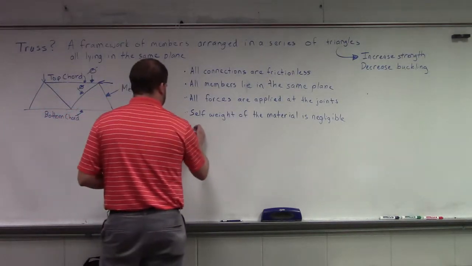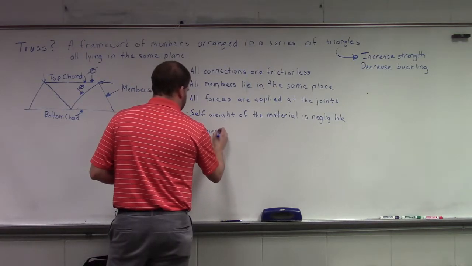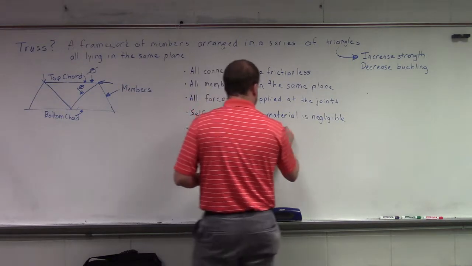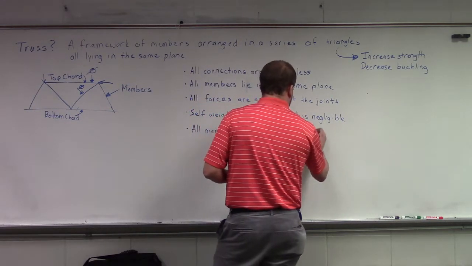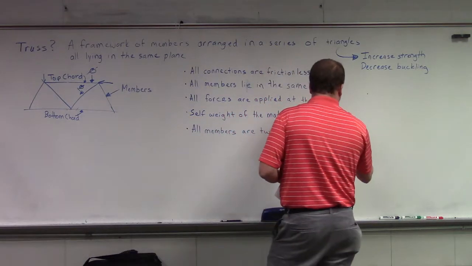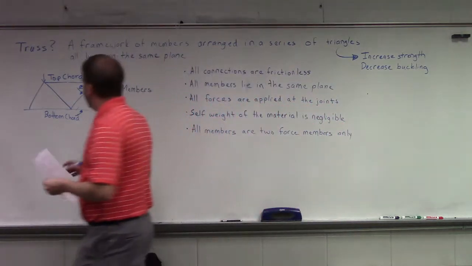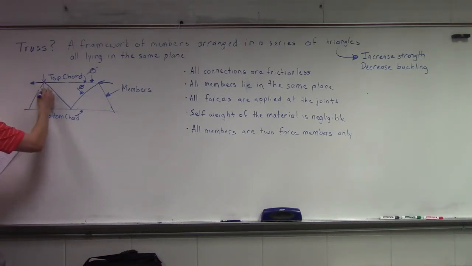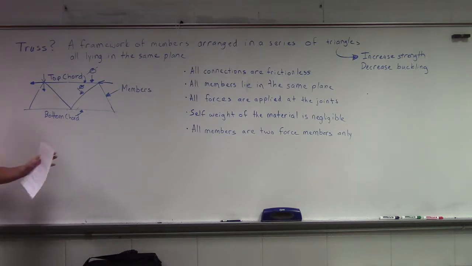And then we're also going to assume all members are two-force members only, okay? What that means is, as we apply a load at one point on the truss, it's not going to actually rotate any of the members. It's going to be distributed into this member in the X and the Y direction. Sometimes it'll be even. In this case, when I'm using 45 degrees, kind of poorly, but, okay?